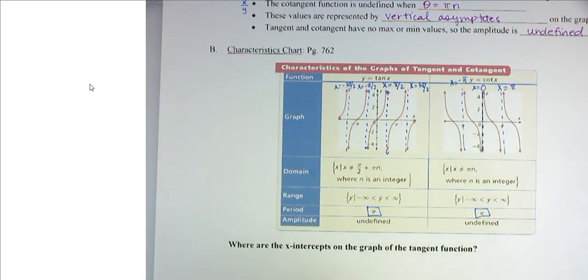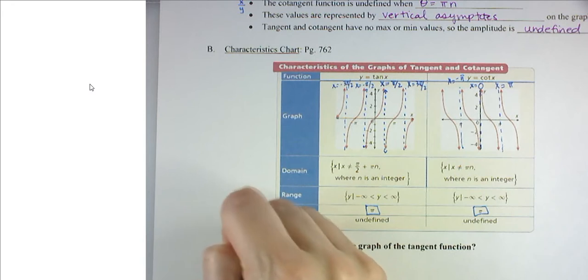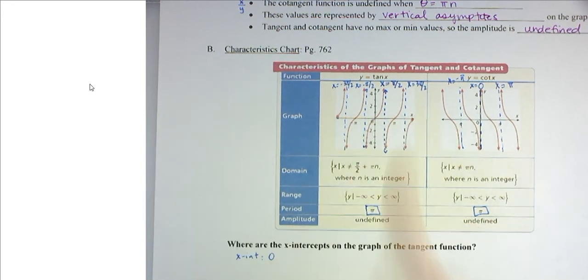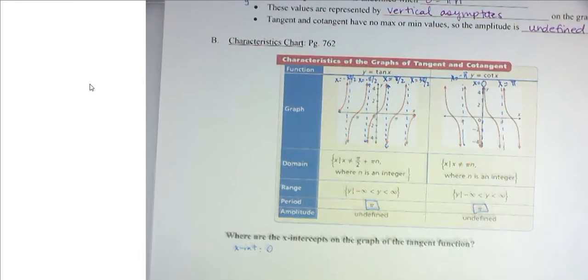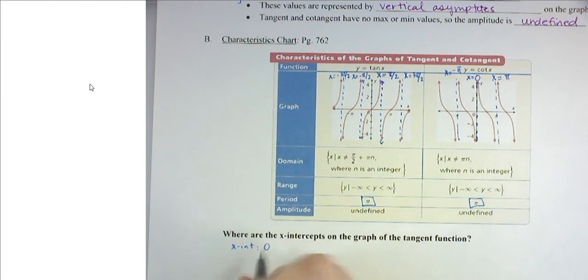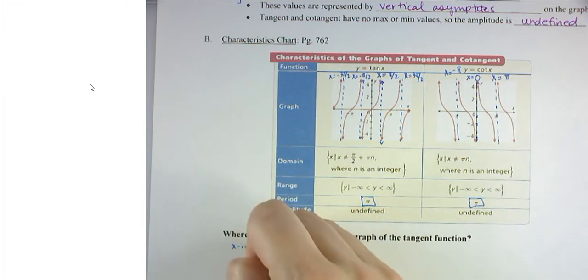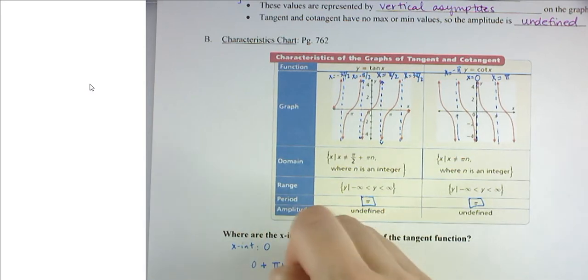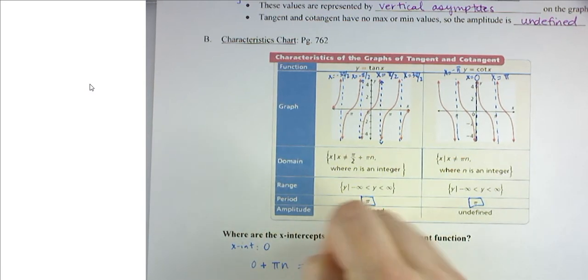And then they occur every pi units. So 0 plus pi n is where they'd occur, which is the same thing as pi n. So the x-intercepts occur every pi n units on tangent.